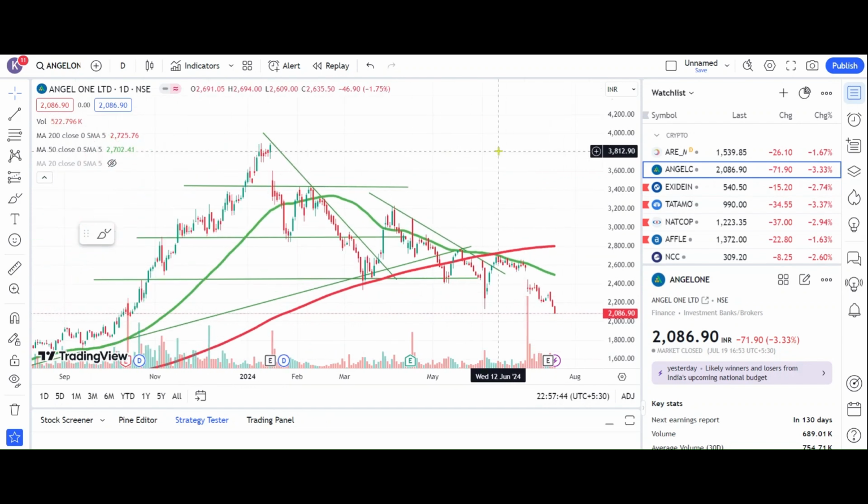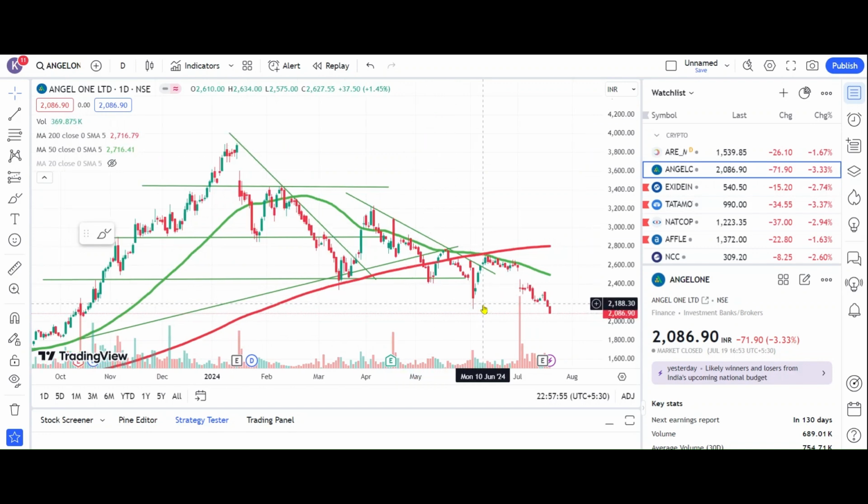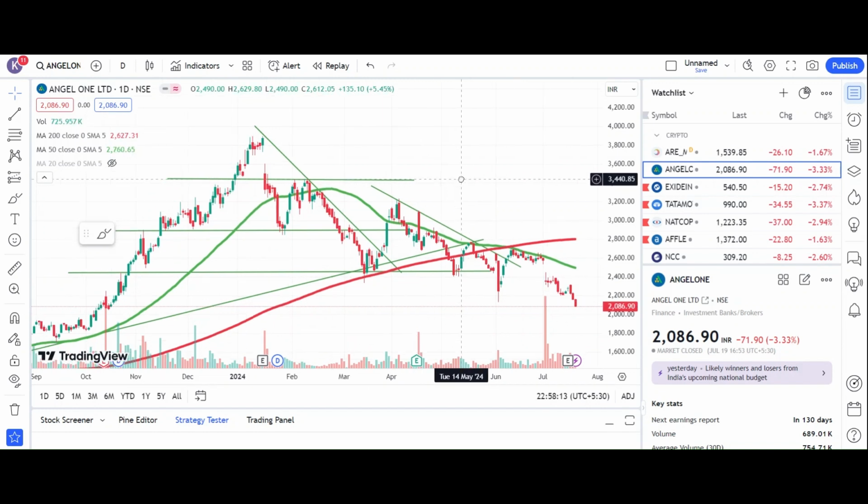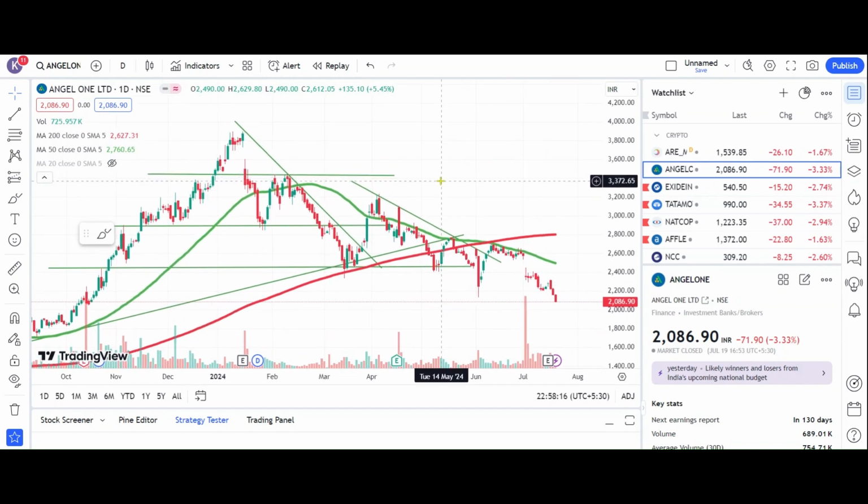So from 3,800 to 2,000, almost 45 to 50%, the price has fallen down. You can see that weakness by the fact that it has crossed the 50-day and 200-day moving average and is not able to climb up or take support. So in that way, the chart as of now looks weak.